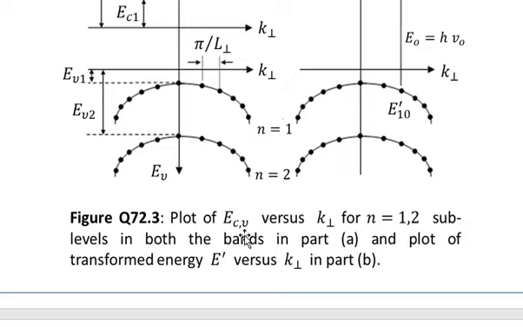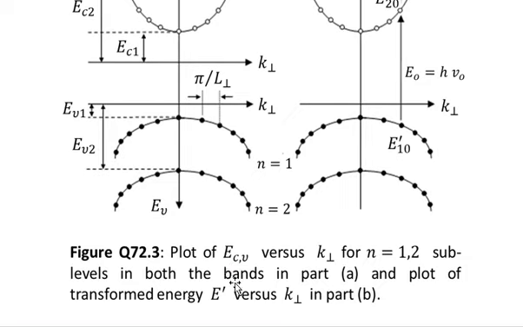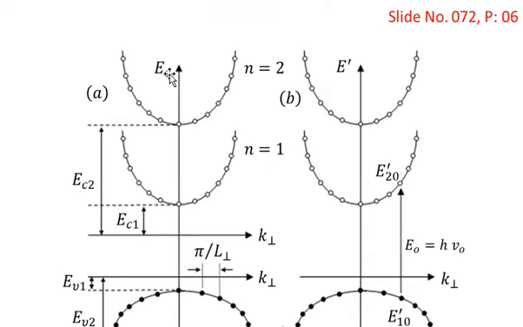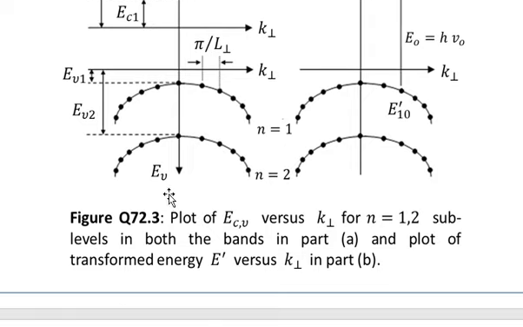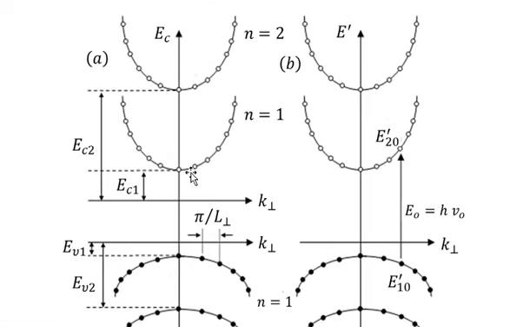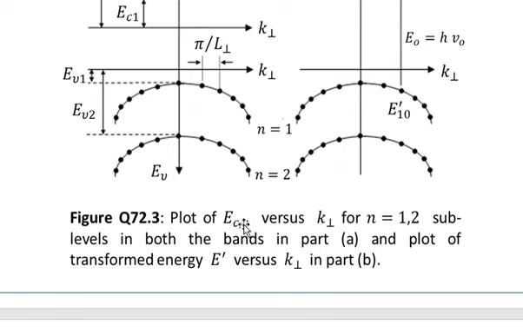On the left hand side we have plots of E_CV, that is the plot of E_C along the positive direction and the plot of E_V along the downward direction, because the energy of the valence band is measured positive downward and the energy of the conduction band is measured positive upward. So we have E versus k perpendicular for n equal to 1 and n equal to 2 sub-levels in both the bands, that is in the valence band and the conduction band.